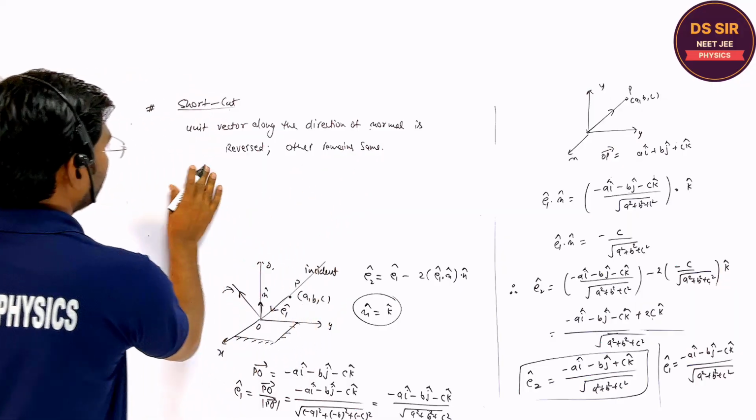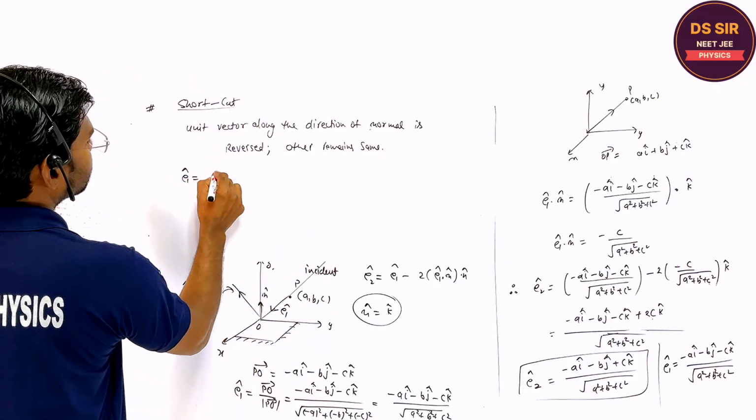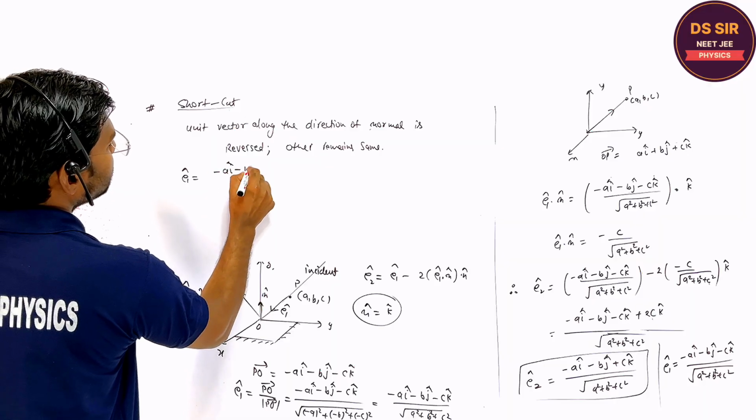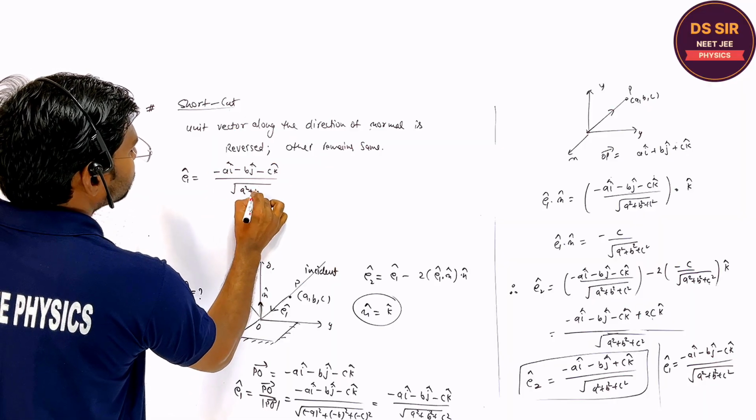Are you getting or not? For example, if e1 vector is what? e1 is minus a i minus b j minus c k cap upon root over a square plus b square plus c square.